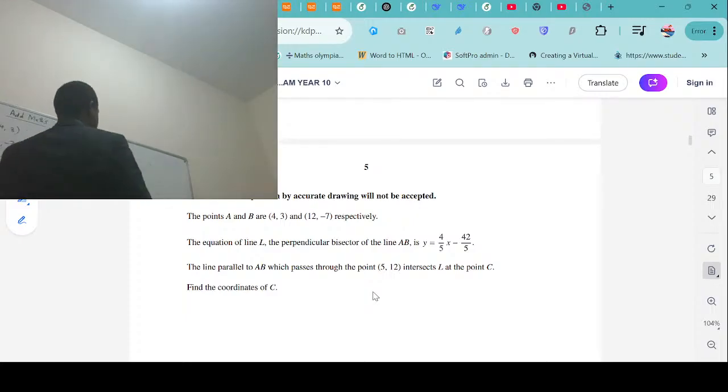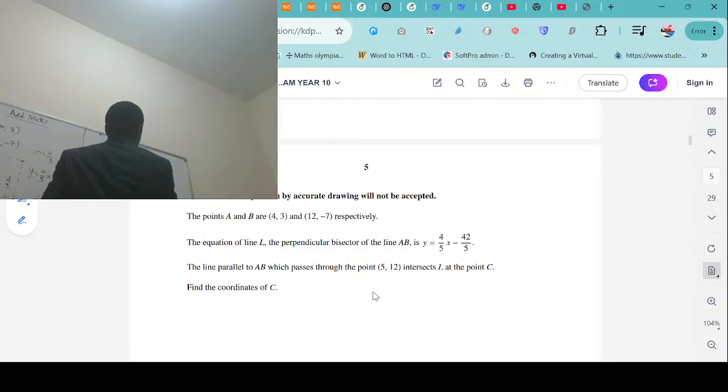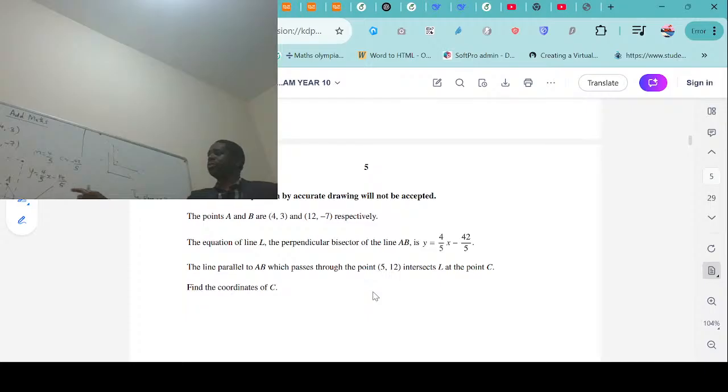The gradient of line AB, or the slope of line AB, is the same thing as -1 over the slope of this line that is perpendicular to it. Okay, so why is that so? It is so because if I multiply the slope of this line by the slope of this line, the result is going to be -1.